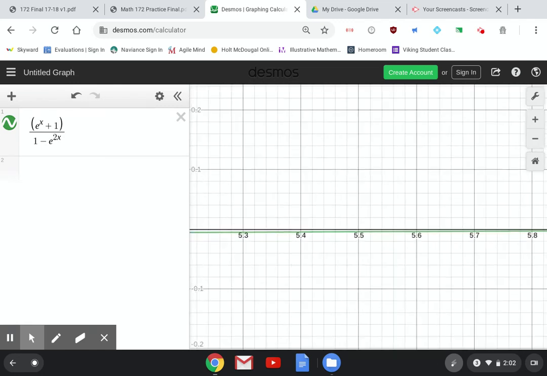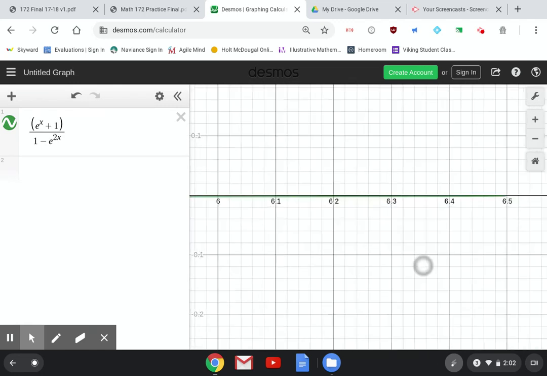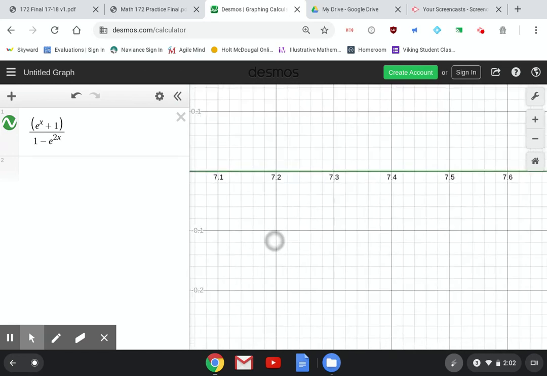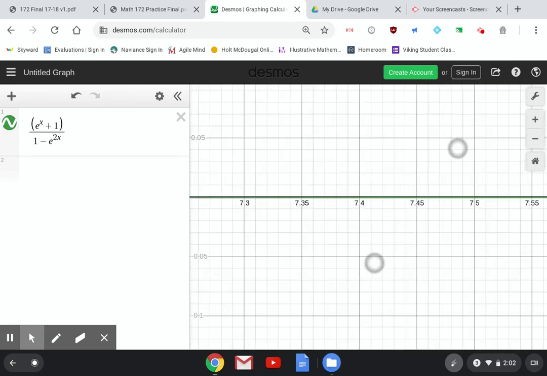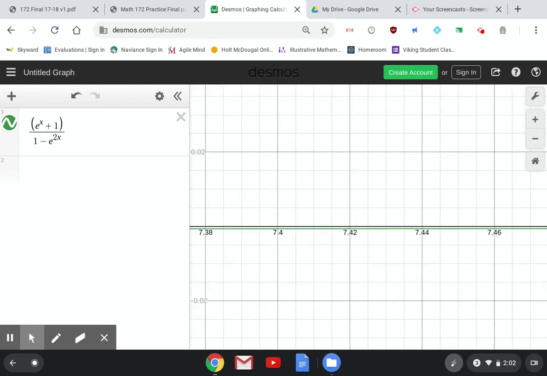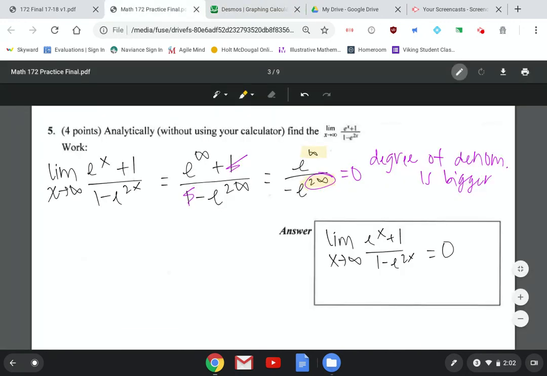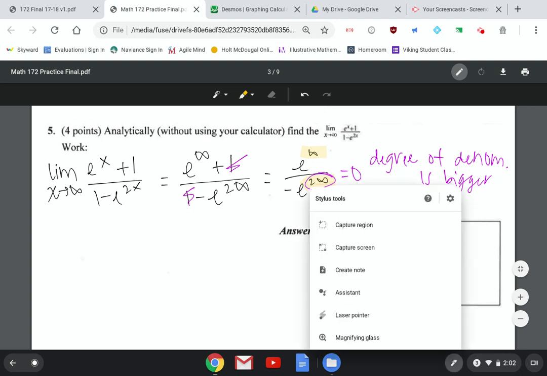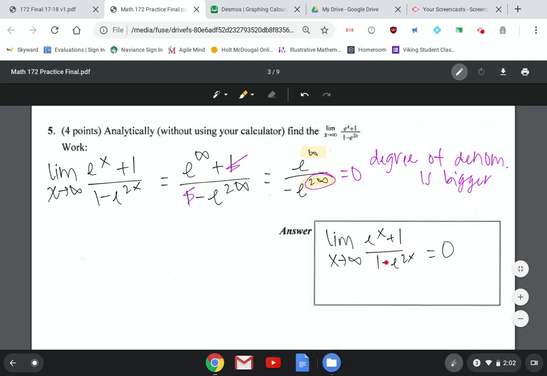And it's going to get closer and closer to 0 the further we go on our x values. Of course, it looks like it's touching it, but we know that it's not because that's how asymptotes work. So, for this particular problem, the limit as x approaches infinity of e to the x plus 1 over 1 minus e to the 2x is indeed 0.